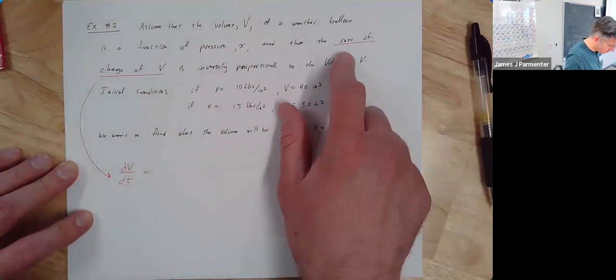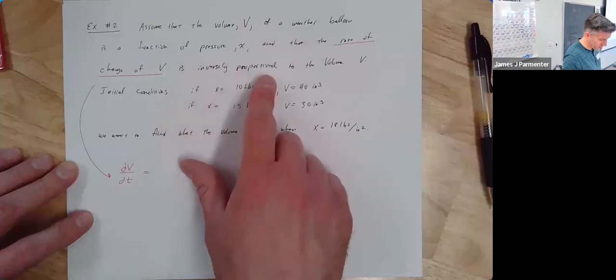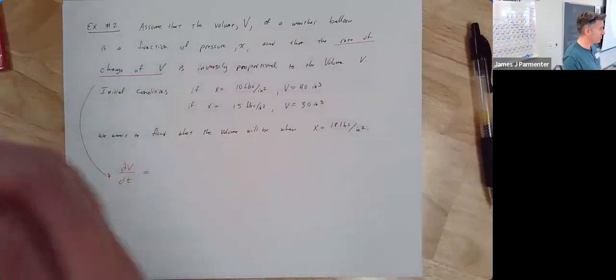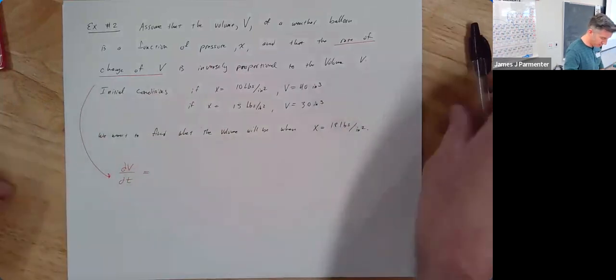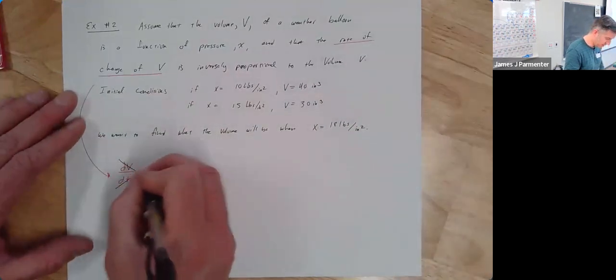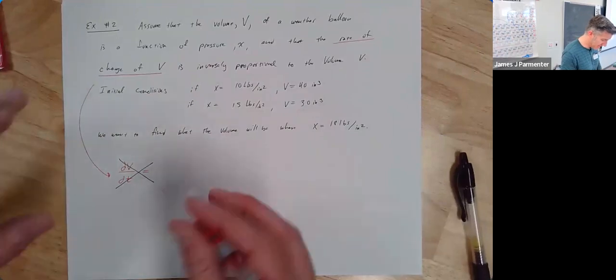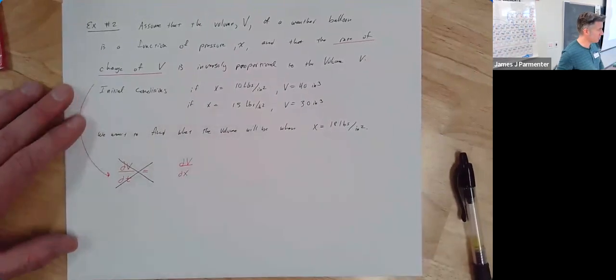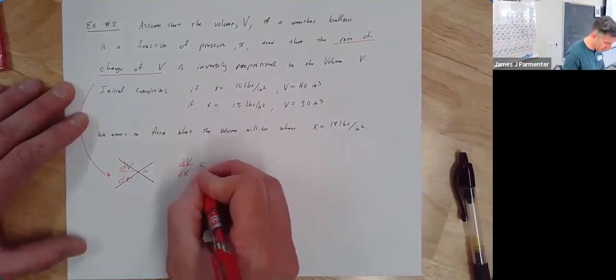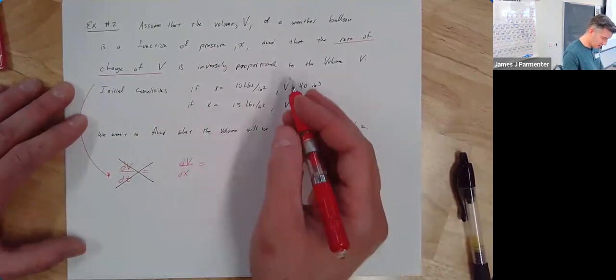So what I really should have written here is not dV dt, but dV dx, how volume is changing as pressure is changing, and it's inversely proportional to the volume.